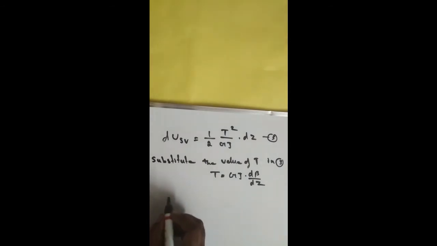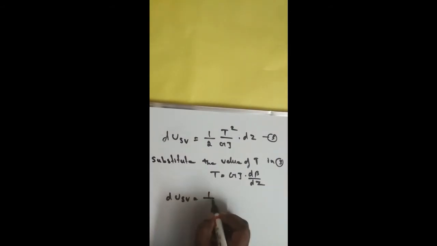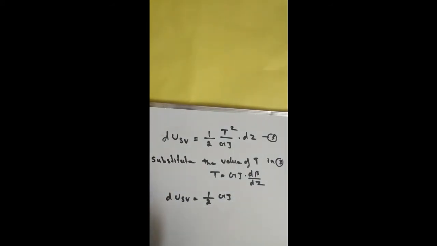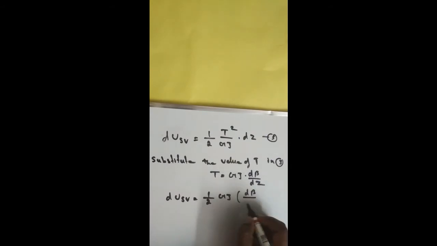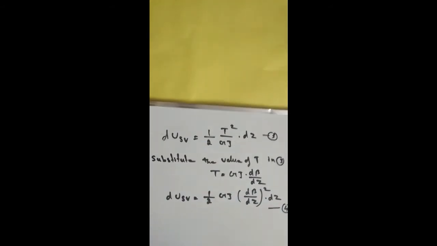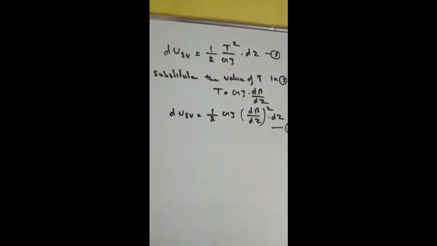Now the value of T we can substitute in equation 3. 1/2 into GJ, T square, d beta divided by dz, the whole square, into dz. Now we have determined the strain energy.